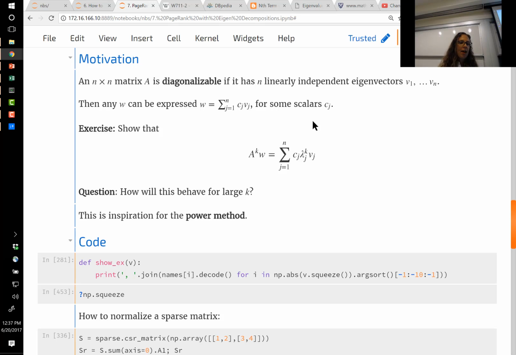And that's really handy because when we're looking at the matrix times a vector, having it expressed in terms of the eigenvectors lets us just multiply by the eigenvalue instead of having to do a matrix multiplication. Let me write that one out.